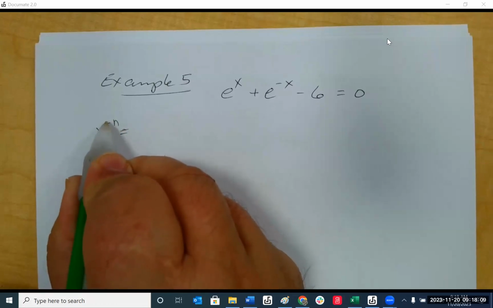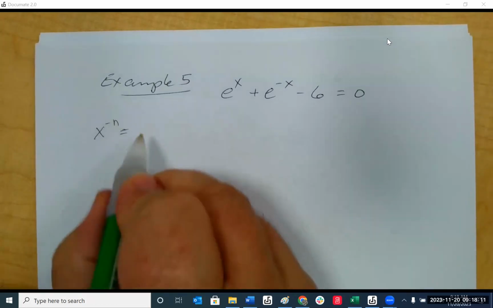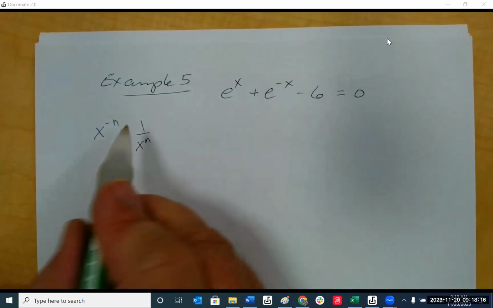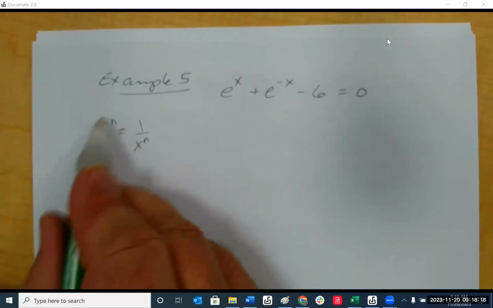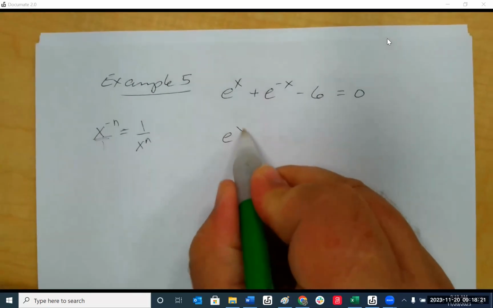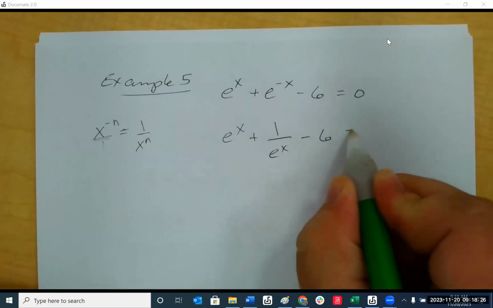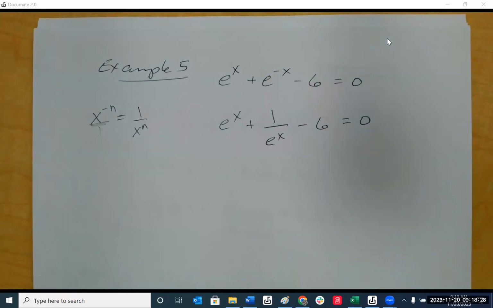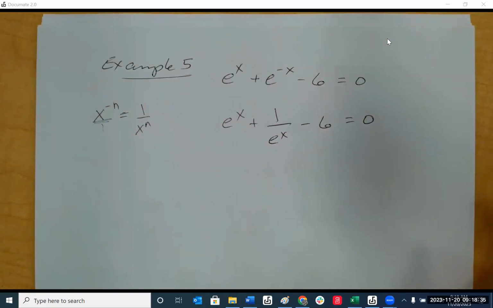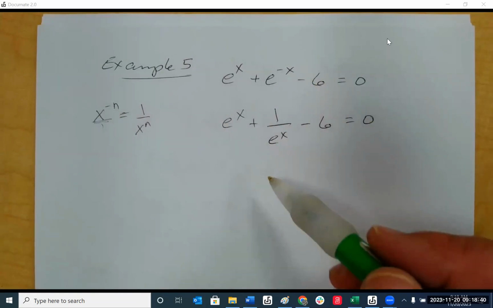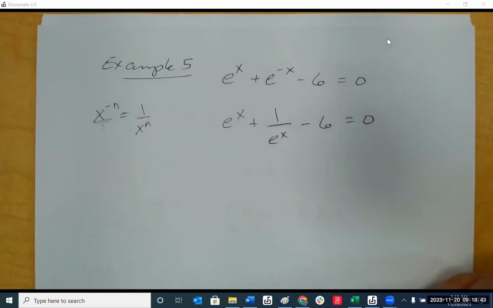The negative n exponent doesn't make it a negative number. It just changes the location of it. Since it's above the line, it moves to the bottom and drop the negative. So this equation I can rewrite like this. Whenever you have a negative, just change it to the other side of the dividing line and drop the negative.